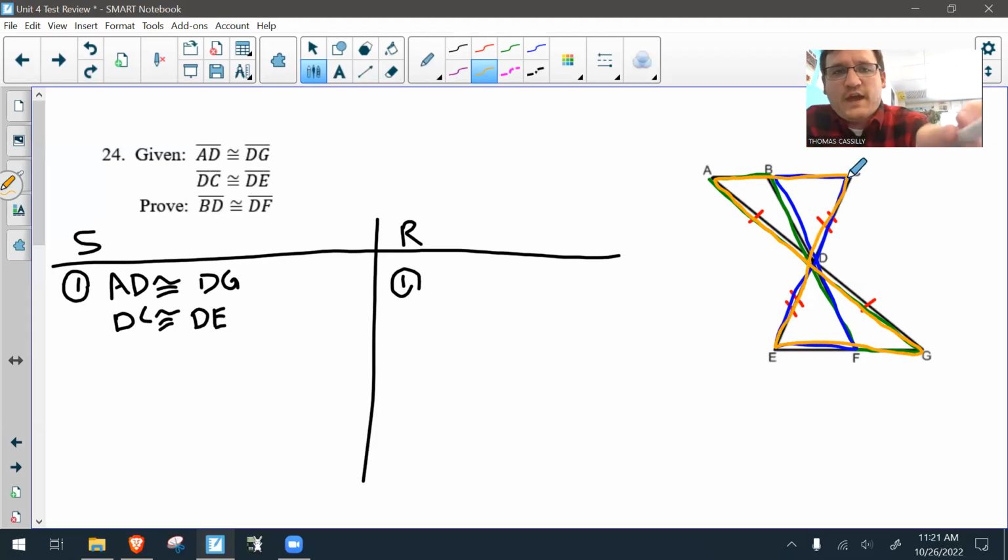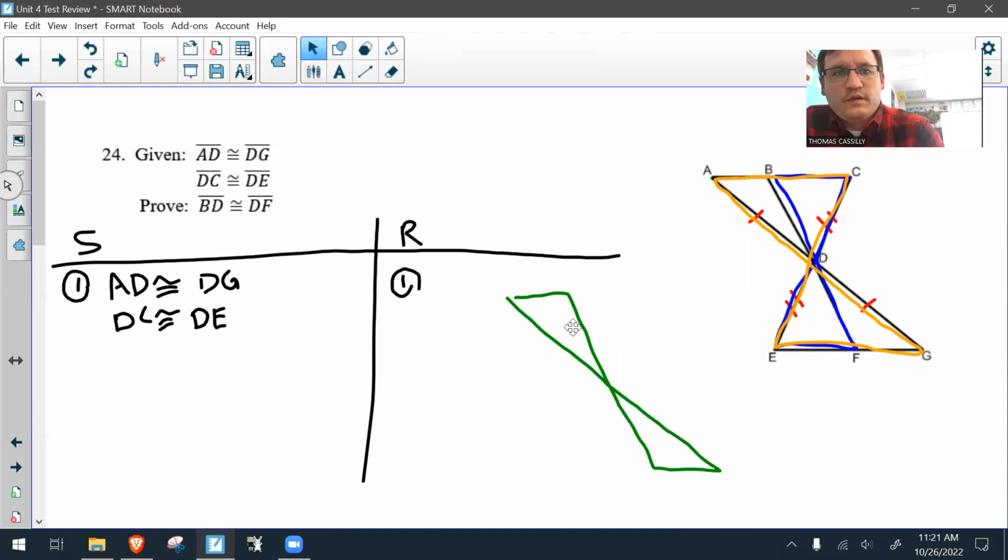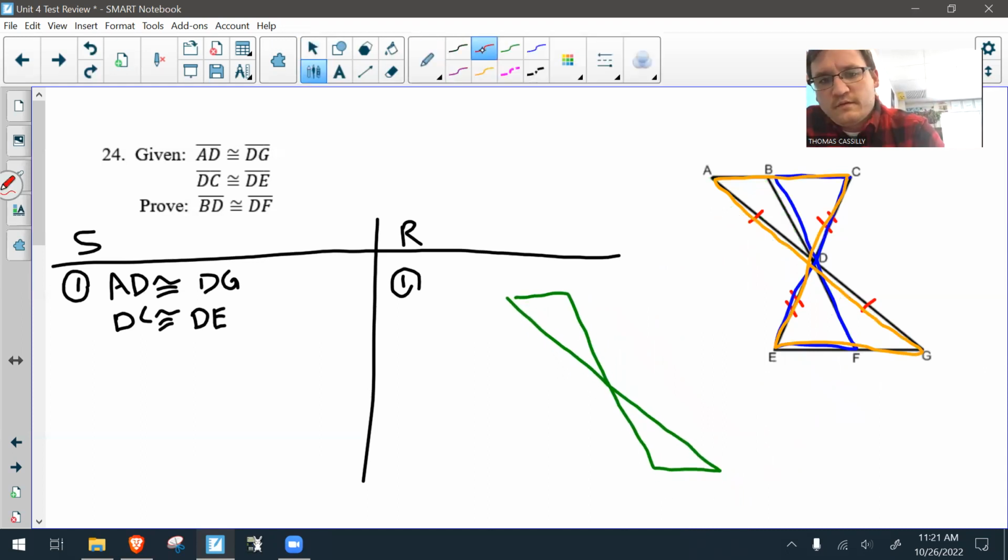So if we look at the green triangle, all right, we know that AD is congruent to DG. Okay, so that's true.